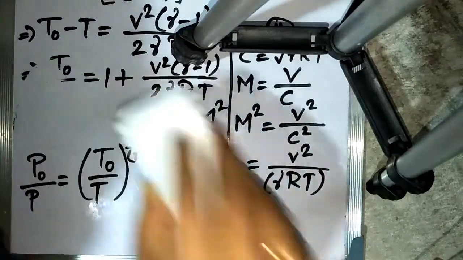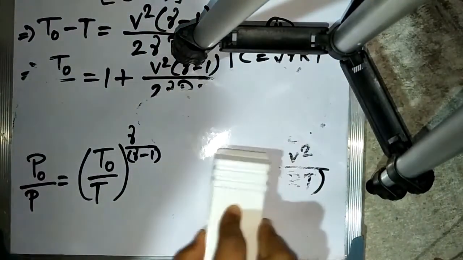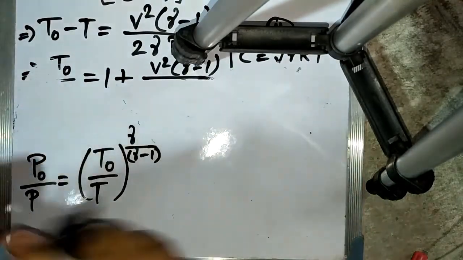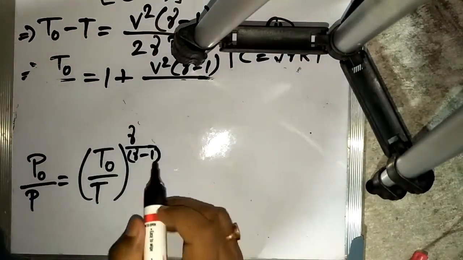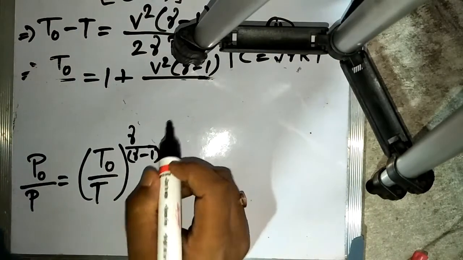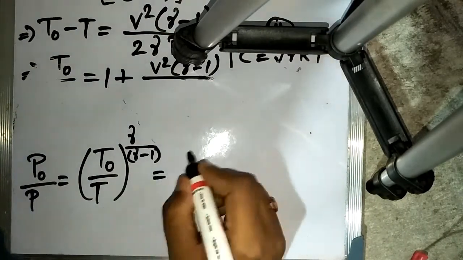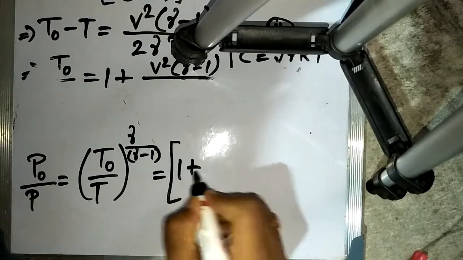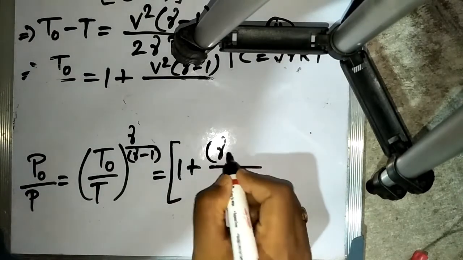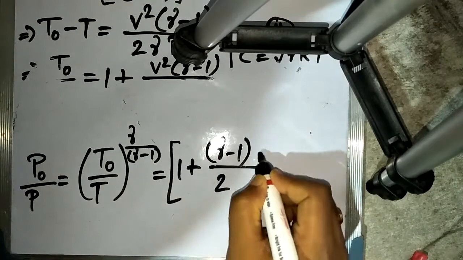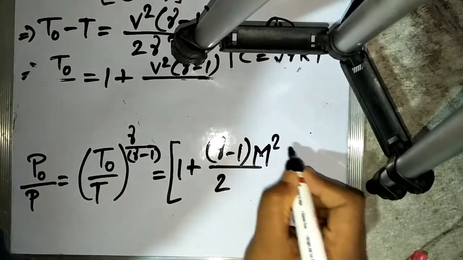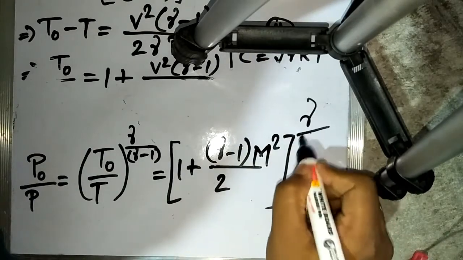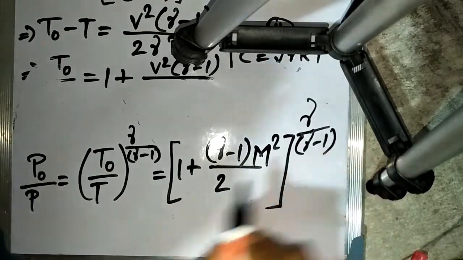So now we are going to substitute the value of T0 by T that we have already derived. So the value is 1 plus gamma minus 1 by 2 into M square, to the power gamma by gamma minus 1.